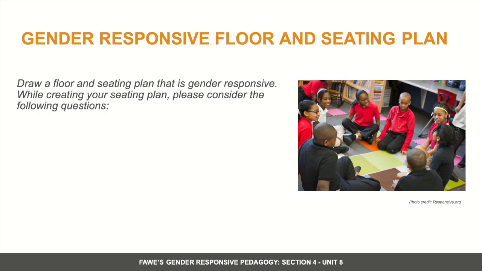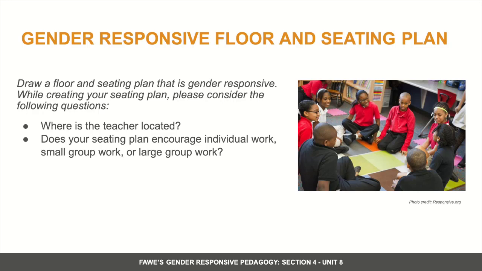Draw a flow and seating plan that is gender responsive. While creating your seating plan, please consider the questions. Where is the teacher located? Does your seating plan encourage individual work, small group work, or large group work? Are girls and boys able to equally participate?